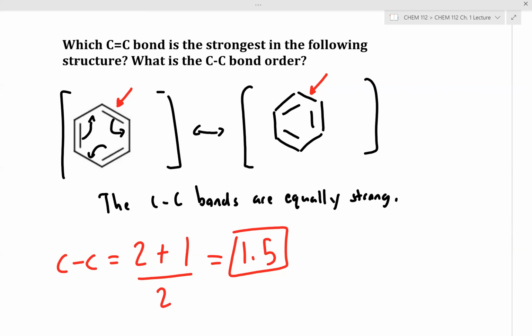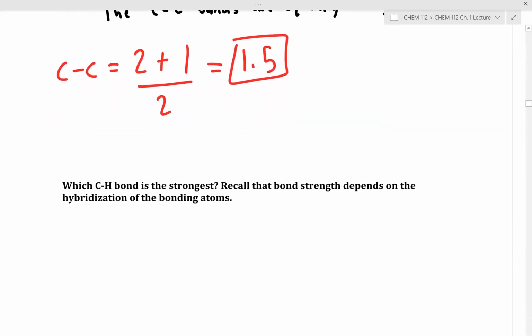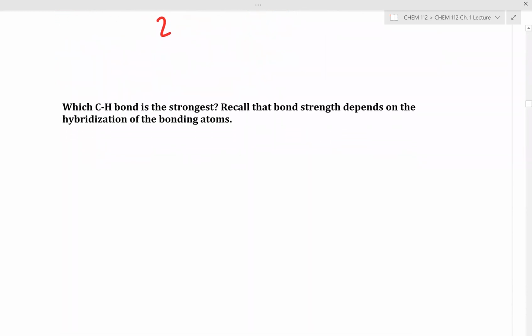So what I want us now to do is try another example, except this time I want us to try to answer the question, which carbon-hydrogen bond is the strongest? Now, this question has a lot to unpack, so let's do this one together.